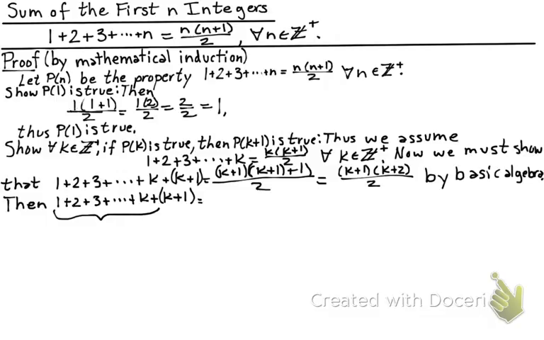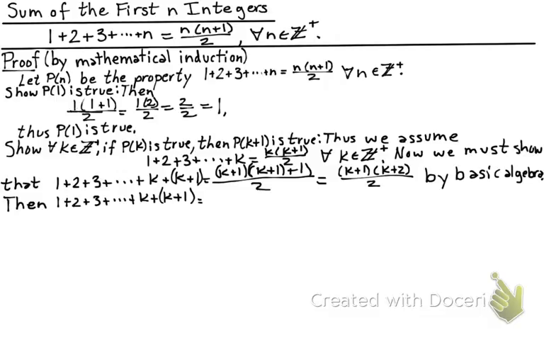But by the inductive hypothesis, the assumption we assumed to be true, right up here at the top, we say that 1 plus 2 plus 3 plus all these values up to plus k is equal to k times k plus 1 over 2. That's our assumption. And therefore, we can make that substitution because that is what we have assumed to be true.